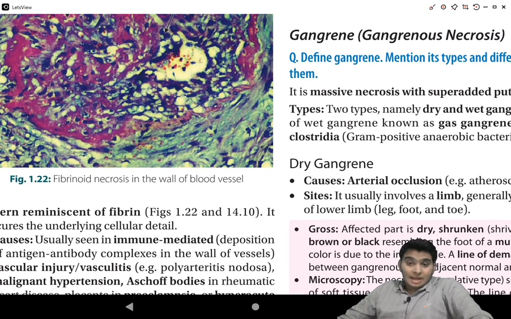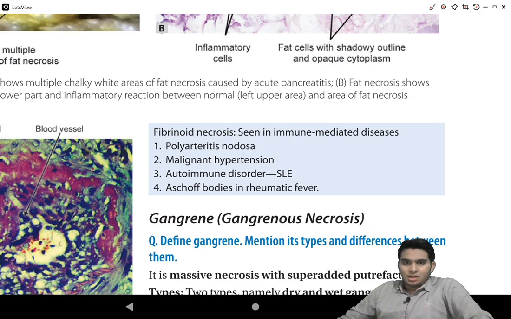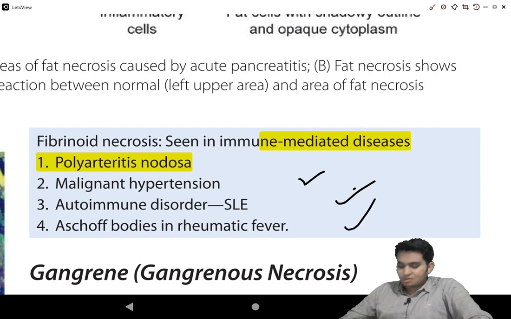Type 3 hypersensitivity is immune mediated. Fibrinoid necrosis is seen in immune mediated diseases such as polyarteritis nodosa, malignant hypertension, autoimmune diseases such as SLE, and rheumatic fever. Aschoff body is in rheumatic fever.